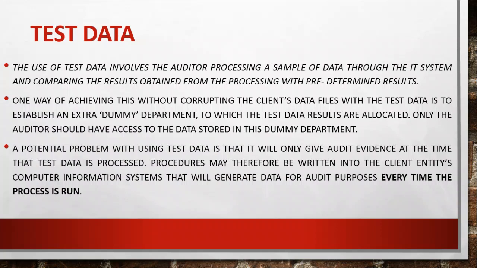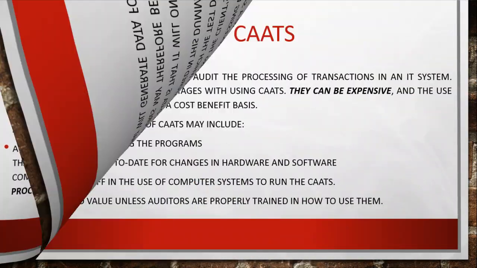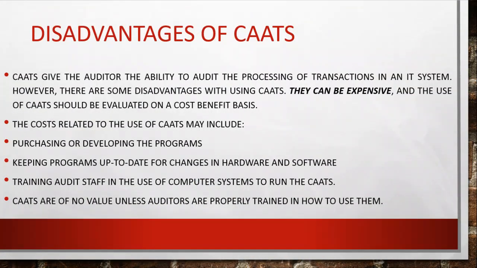You will agree with me? And when we go back, the tendency is there that the information could have changed in the live scenario. So this is a major disadvantage of using test data. Other disadvantages: CAATs are expensive, you will agree.